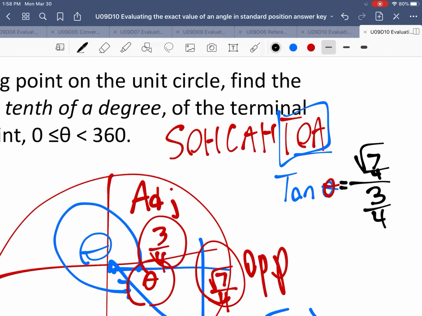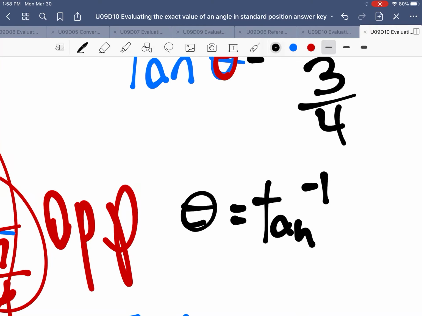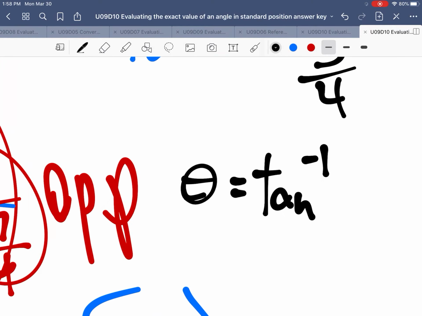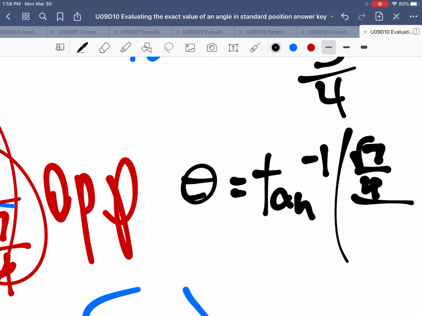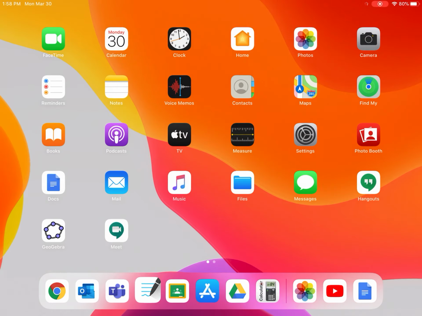If I were to just find theta, I would enter that into the calculator as theta equals tan inverse of radical 7 over 4 divided by 3/4, and that will give us an angle. So I'm just going to get my calculator out.